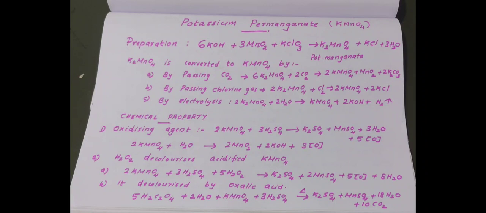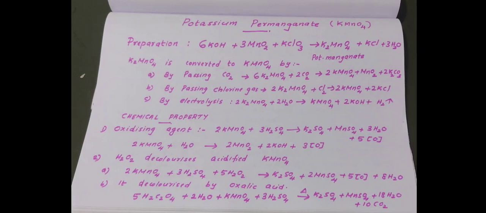Then in the second step, the prepared potassium manganate is converted to potassium permanganate by any of three methods. First method, by passing carbon dioxide. Potassium manganate, when treated with carbon dioxide, gives potassium permanganate, manganese dioxide and potassium carbonate.